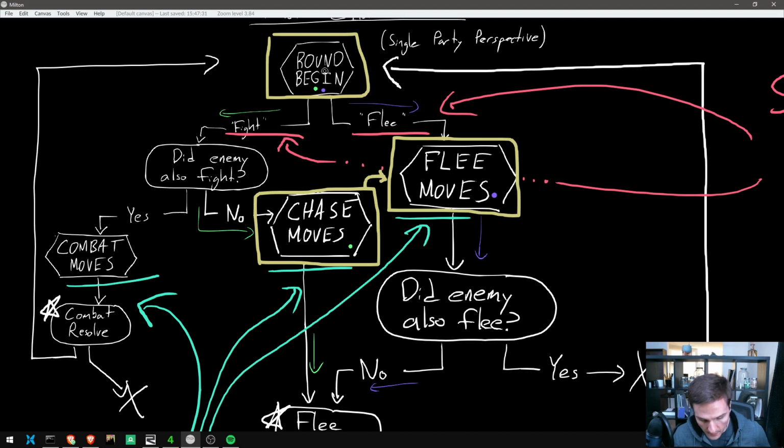But at the same time, the other party also went into the fight, right? You could write an invalid diagram here. Just because you put down the names on the arrows and link things up the way I did here doesn't mean it's guaranteed to be valid. The only reason this is valid is because whenever one party goes this way, the other one's always going this way, right? That's actually baked in. And so you're not free to connect these up any way you want. They have to make a certain kind of sense.